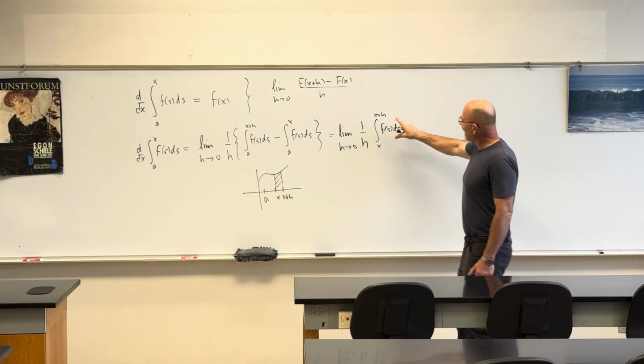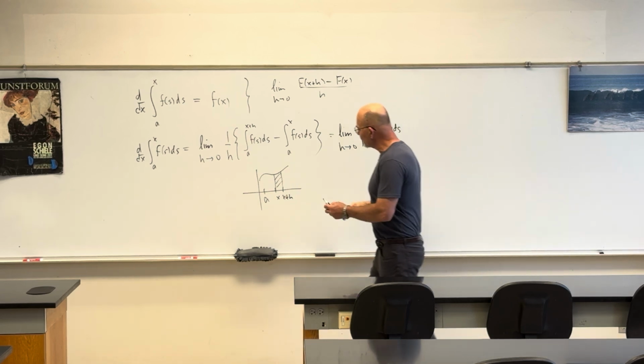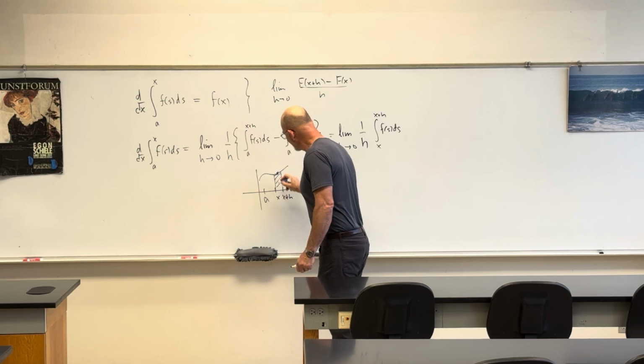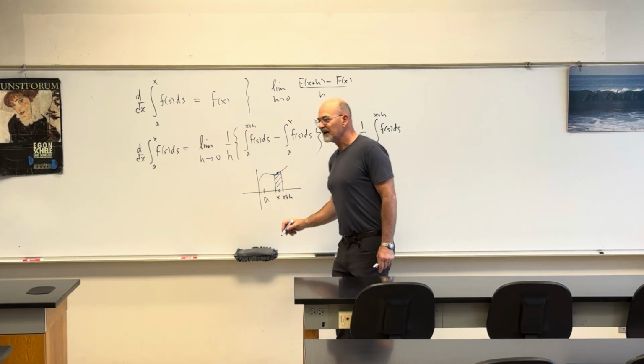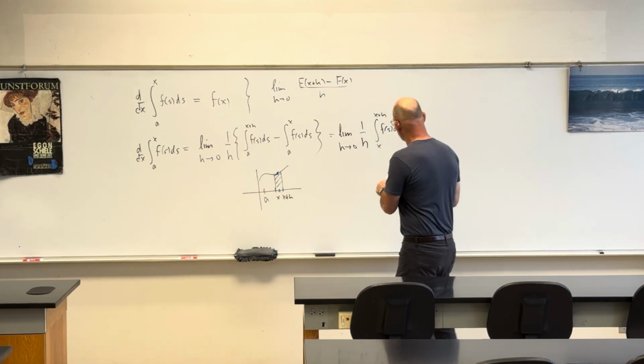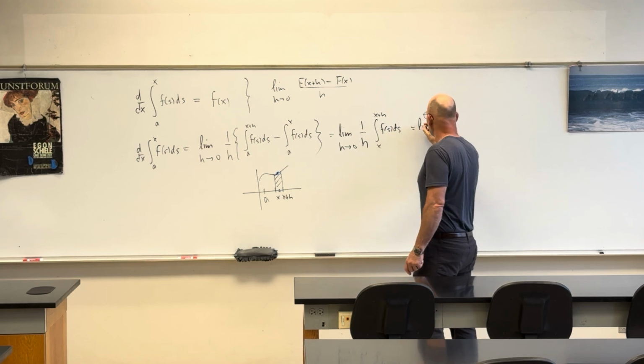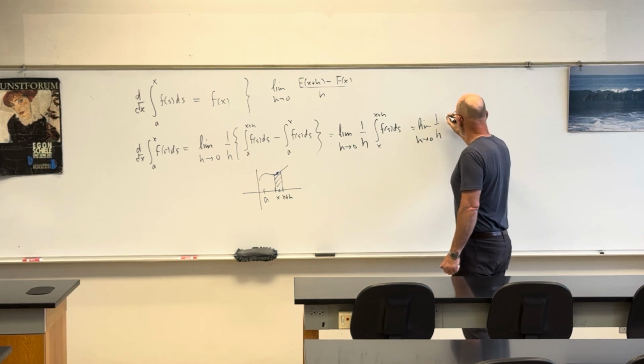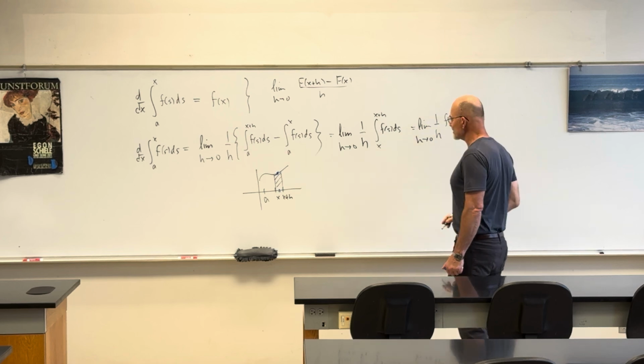And then since we're making h small, we can use some kind of intermediate value theorem. There's an intermediate point here at which this equals the limit as h goes to 0 of 1 over h times f of c times h, right?